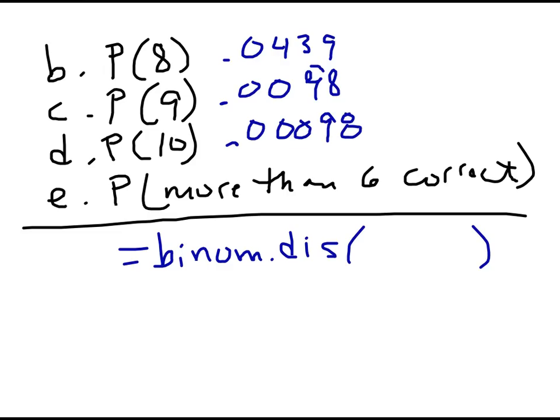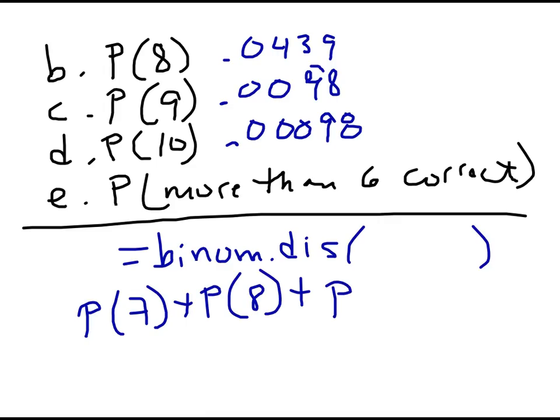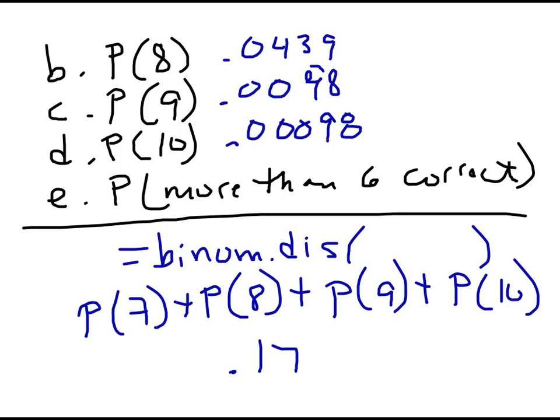And the last thing, the probability of getting more than 6 correct, would be the probability of 7 plus the probability of 8 plus the probability of 9 plus the probability of 10. The answer to that is 0.172. You might be slightly off because of a rounding error.